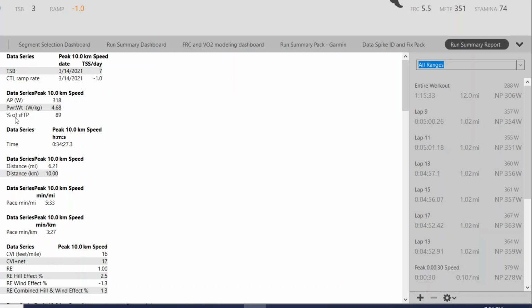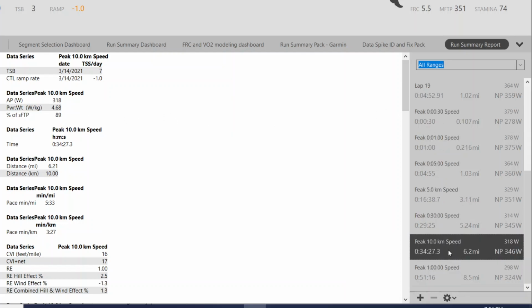So I like to look at the percentage of set FTP. In this case, it was 89% for the fastest 10K segment of this workout.